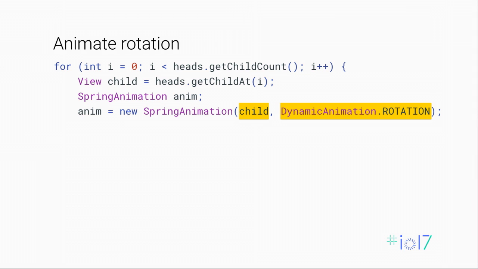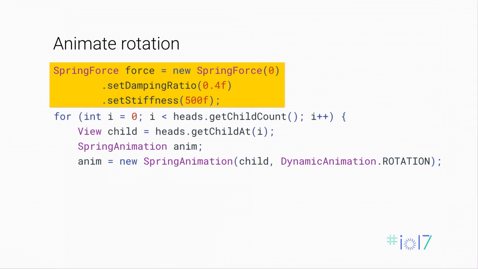When using this constructor, the spring animation won't create a built-in spring force. It would instead expect a custom spring force to be passed in. And that's what we're going to do. We're going to create a custom spring force with a resting position of 0 and a damping ratio and stiffness that looks good for this particular animation, arrived at through careful experimentation.